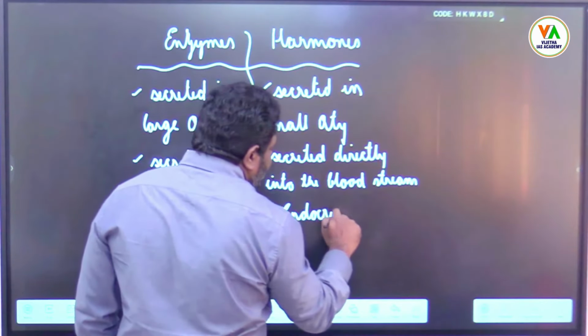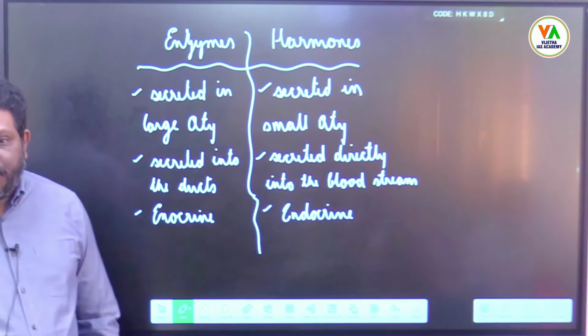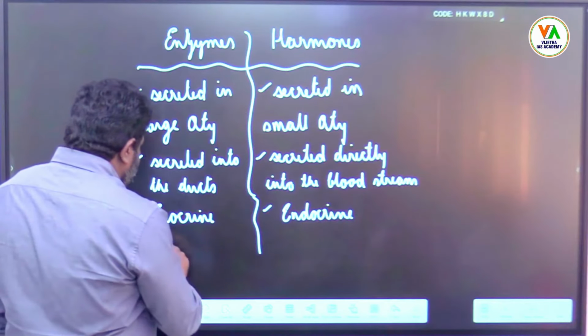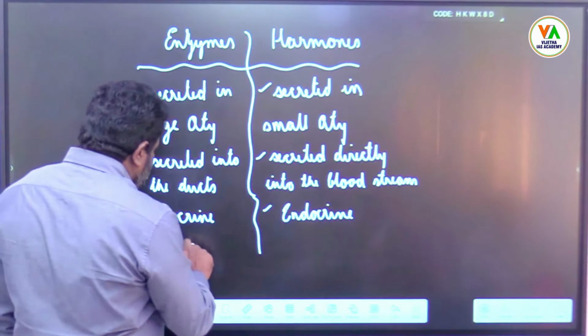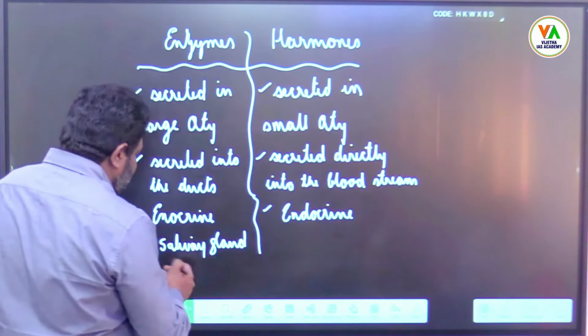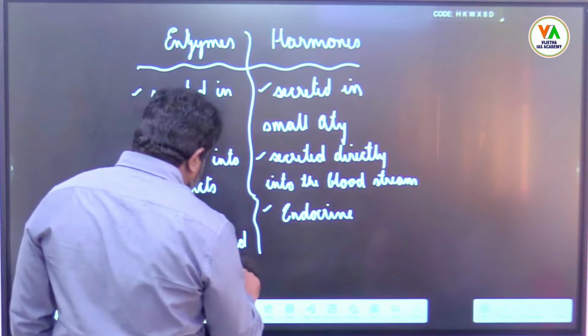I think you will definitely know exocrine and endocrine glands, isn't it? Say for example, some exocrine glands you can take are salivary glands, other digestive glands like the pancreas, the small intestine, and so on.